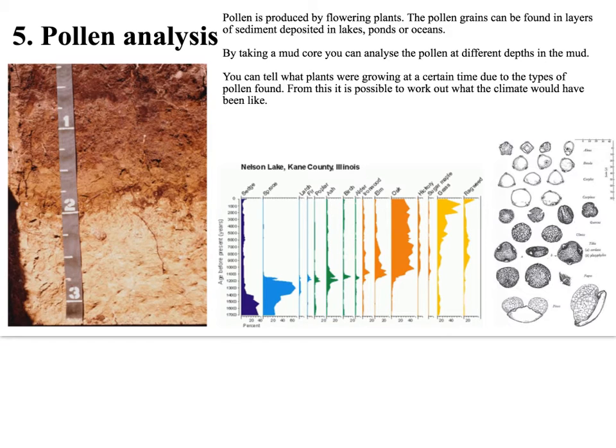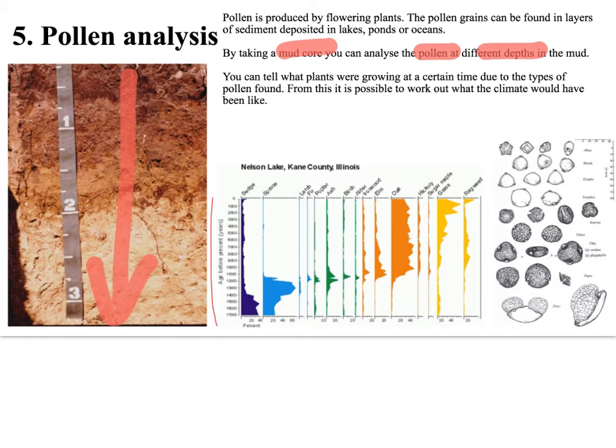Now we can take a mud core, much the same as the ice core, that goes down into the sediment found within the lake or an ocean and so on. You pull up that mud core and we can start to analyse what pollen we get at different depths within the mud. And the deeper down, the older the pollen would be. This is a particular core taken from Illinois in America.